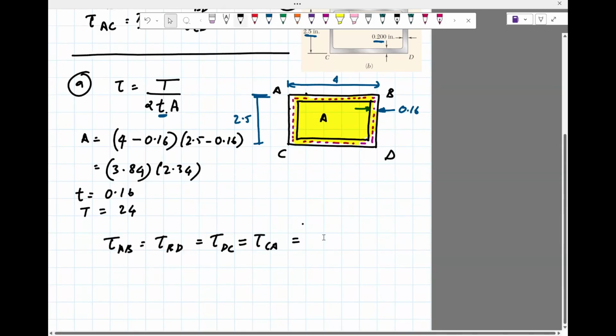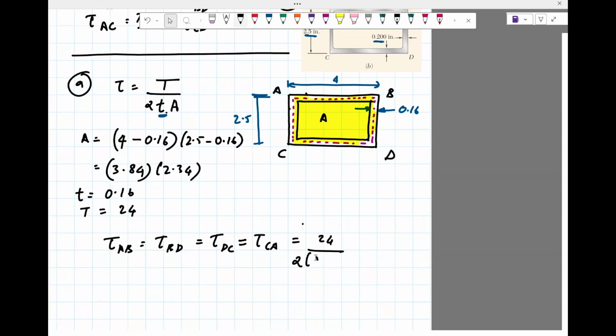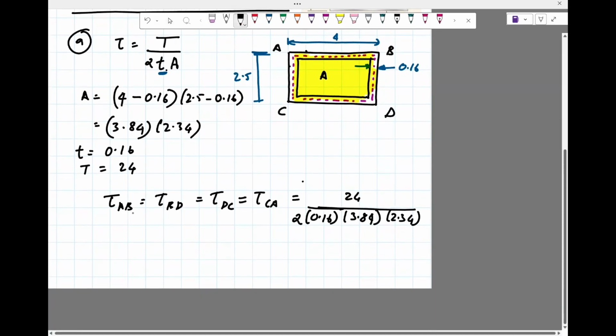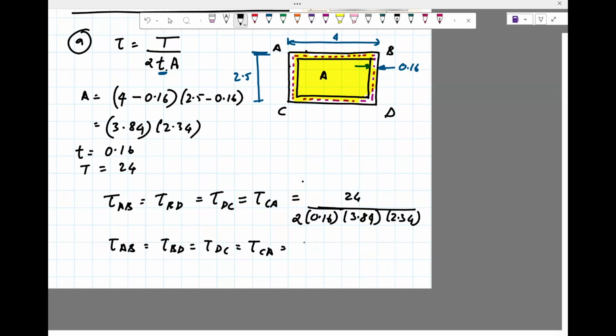So it's going to be T, which is 24, divided by 2 times thickness 0.16 times 3.84 times 2.34, and this comes out to be 8.35 KSI.